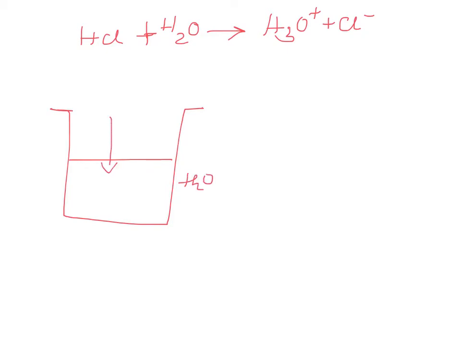And you dropped, I'm going to put maybe a solid sphere for Cl, and as it reacts with water, you're going to end up with Cl negative, Cl negative, Cl negative, Cl negative.